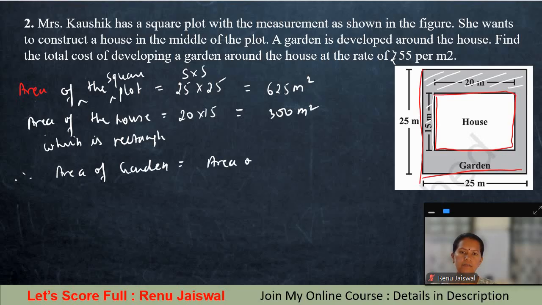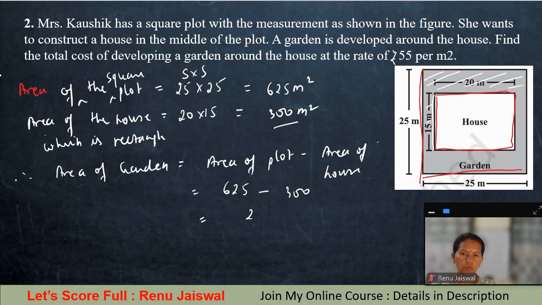So from here, therefore, area of garden is how much? Area of plot, and we need to subtract area of house. Area of the plot we have calculated is 625 meter square, and the area of house is 300 meter square. So area of garden is how much? Subtract, so 325 meter square. The cost, therefore, always write the statement in the format the question has been asked.